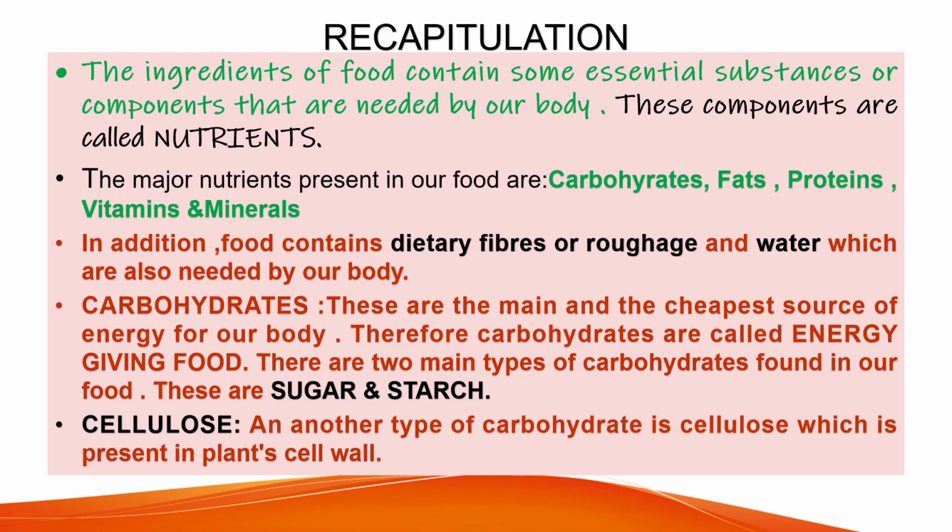Just recapitulate the things that we learnt in the first part of this lesson. The ingredients of food contain some essential substances or components that are needed by our body, and these components are called nutrients.